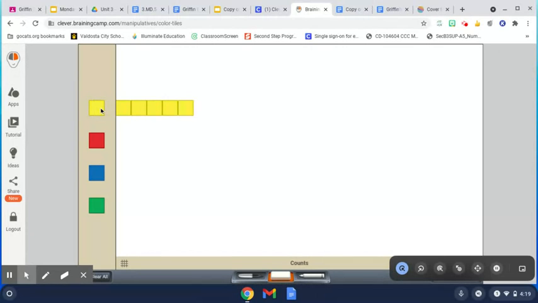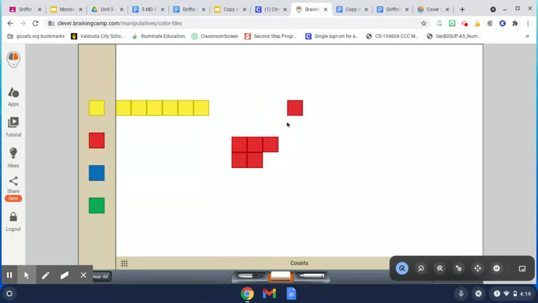So you see that this is a region of an area that has 6 square units. And I can do another one. Let's say I have this one, but I want to change it. So I'm just showing you how you can have different designs with the same area.